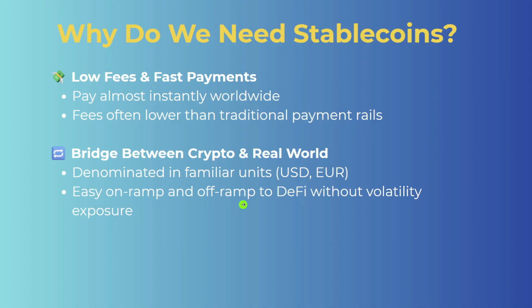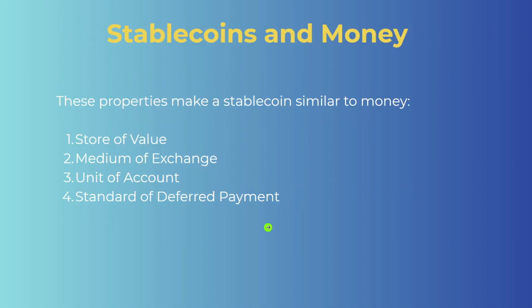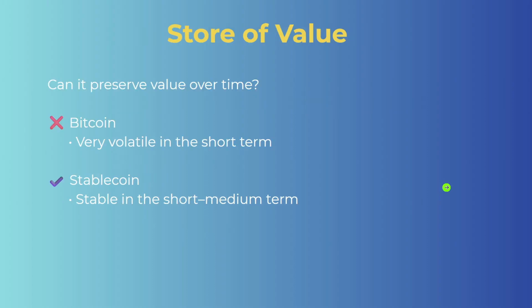They provide a quick and easy way to on-ramp and off-ramp to DeFi without volatility exposure. So these are the properties that make a stablecoin similar to money. It is a store of value, medium of exchange, unit of account, standard of deferred payment.